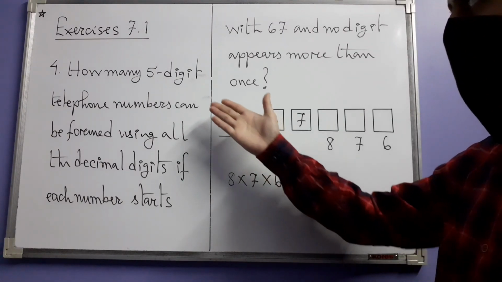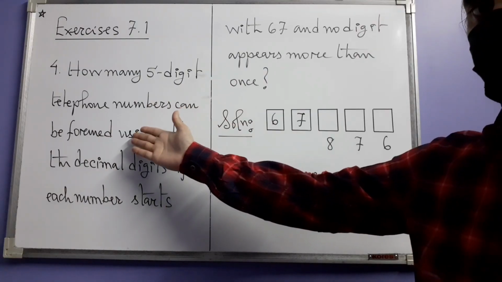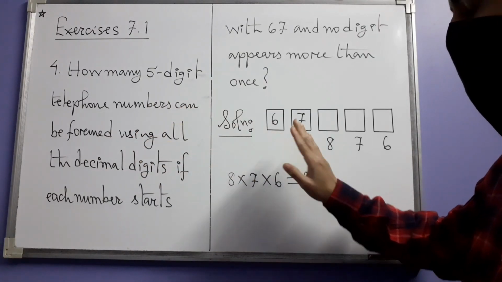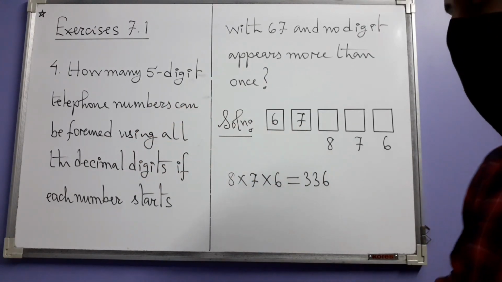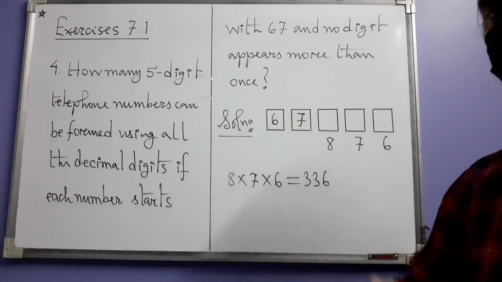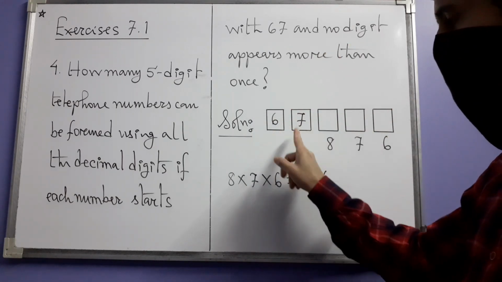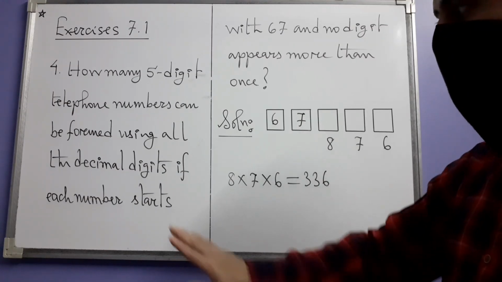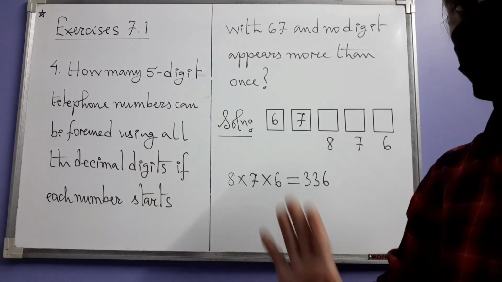Solution, so although the telephone numbers are 5-digit numbers, the first 2 digits are 6 and 7, so they are fixed. So the only change will happen in these last 3 digits. Also digits cannot be repeated, so 6 and 7 are gone. So from the available 10 decimal digits, 2 are gone.